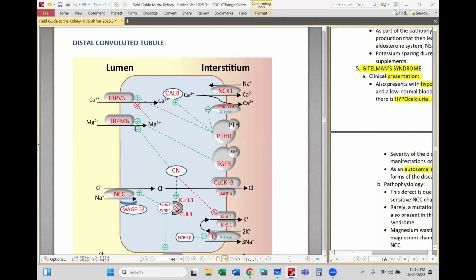There are a whole lot of magnesium disorders that become apparent that are grounded in the DCT. We'll talk about defects in apical transporters, basolateral transporters; the gamma subunit of sodium potassium ATPase is also a potential explanation for magnesium wasting.